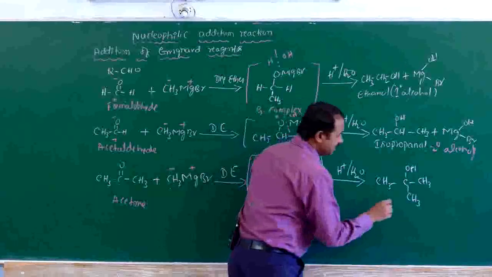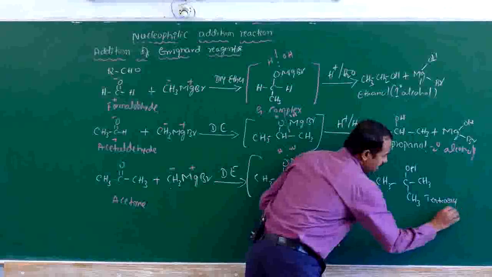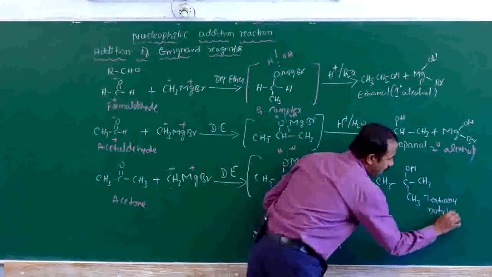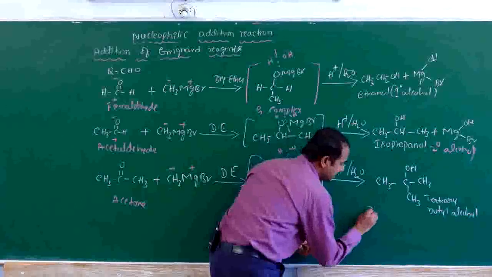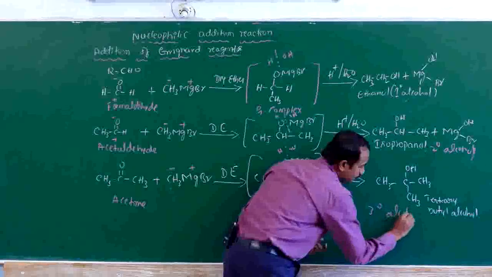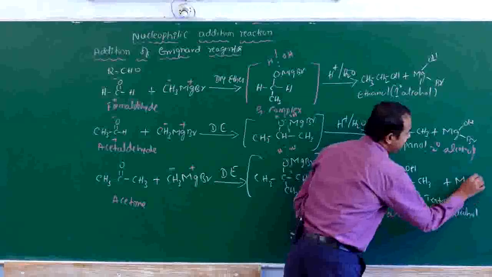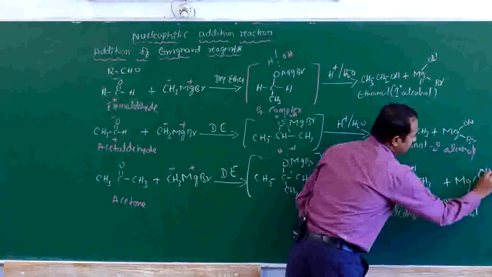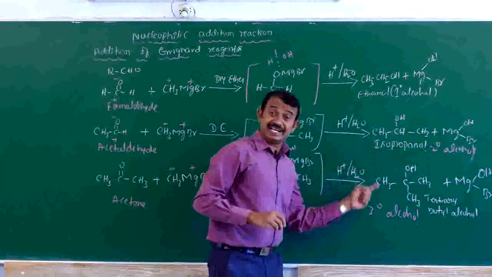This is tertiary butyl alcohol, a tertiary alcohol. The byproduct is the same, Mg(OH)Br. This is the preparation of primary, secondary and tertiary alcohols.